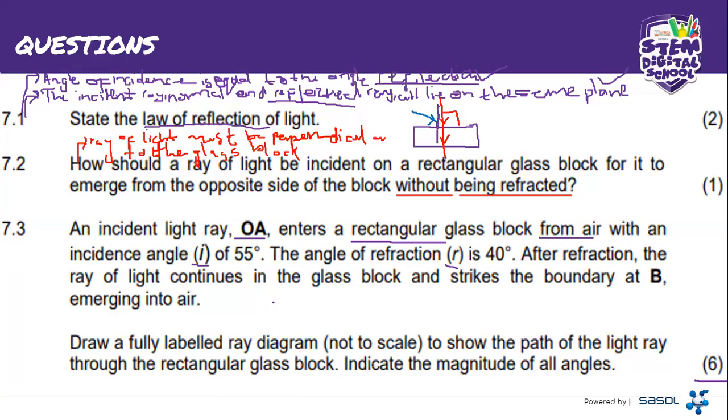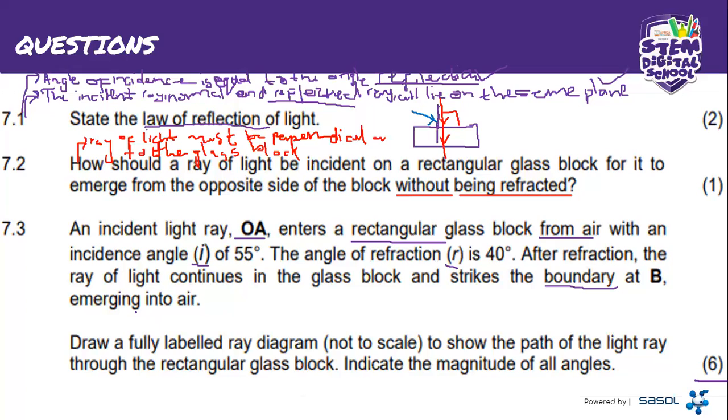And furthermore, we were told that this light ray continues in the glass block and it strikes the boundary at B. So this will be the second boundary. And it emerges into A. And we know when it emerges into A, we actually have what we refer to as the angle of emergence, and the light ray that emerges from the glass block into A is called the emergent ray.